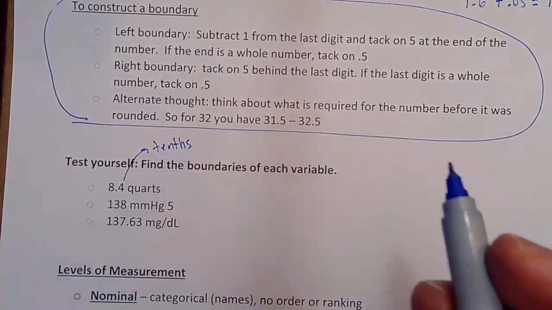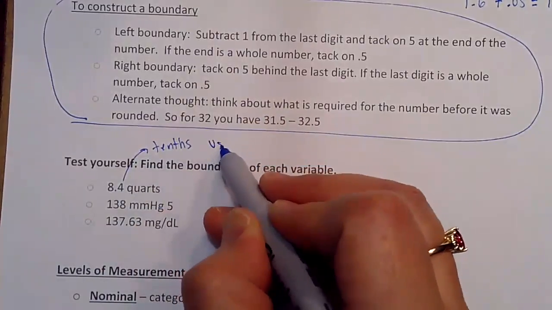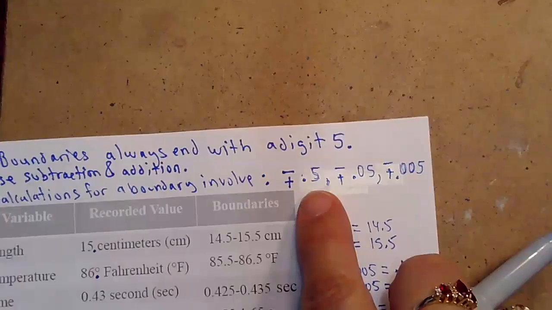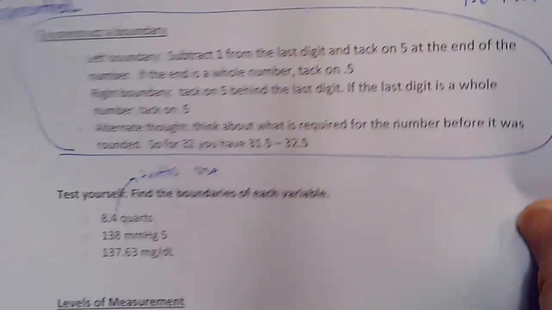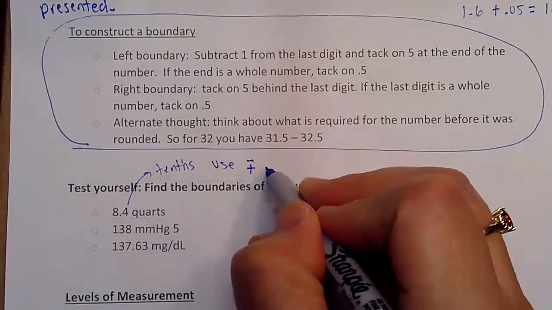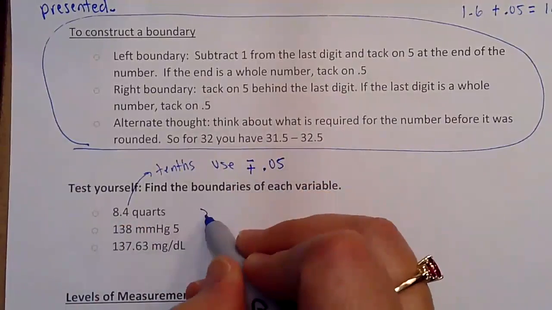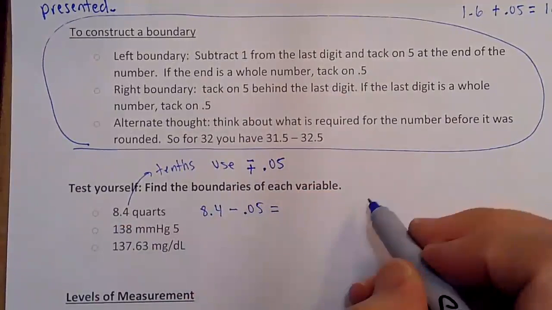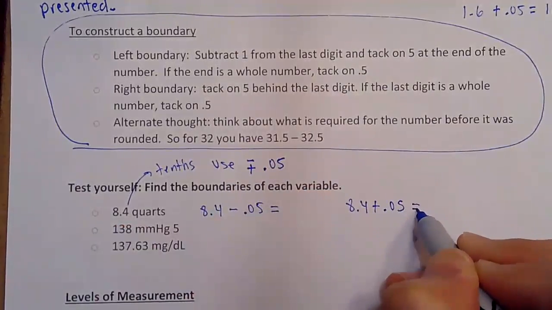So you want to subtract and add 0.05 to this. So this is 8.4 minus 0.05 and then 8.4 plus 0.05.